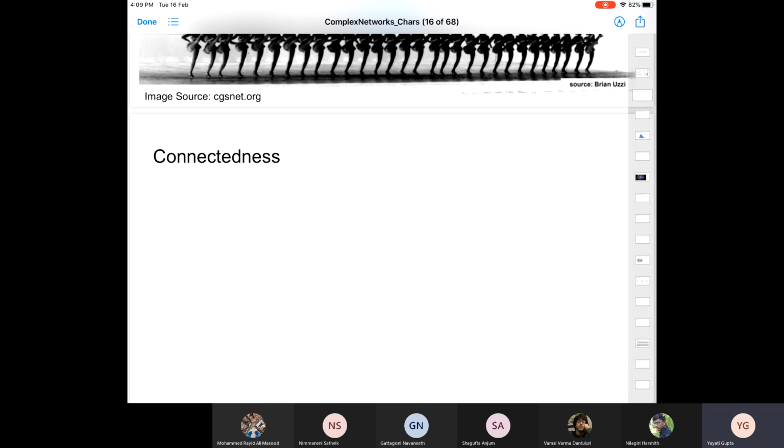What comes to your mind when I say, look at the connectedness of a graph? Connectedness is a very vague term. Can you try to be a bit more specific and tell me what all things we can look at in connectedness?